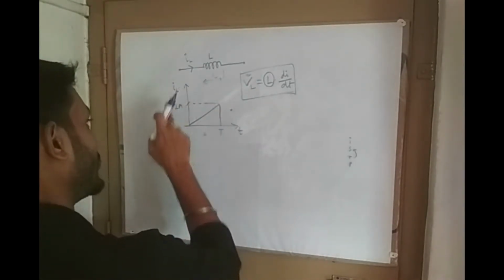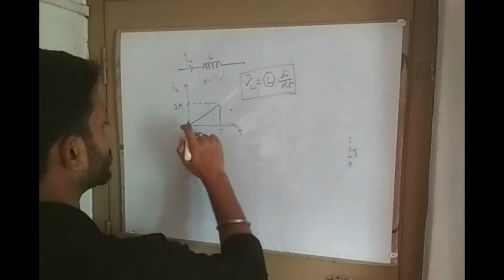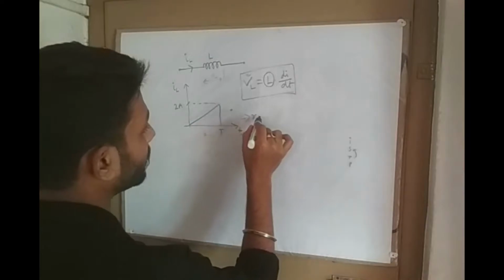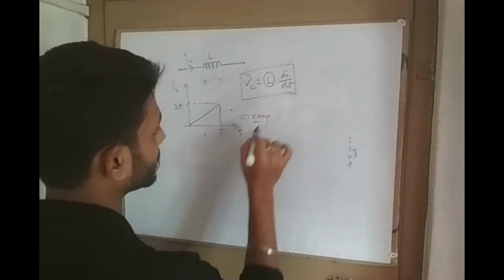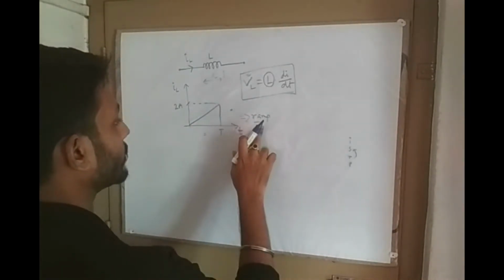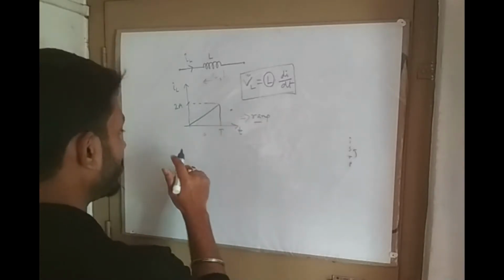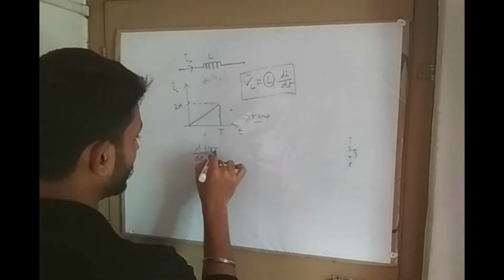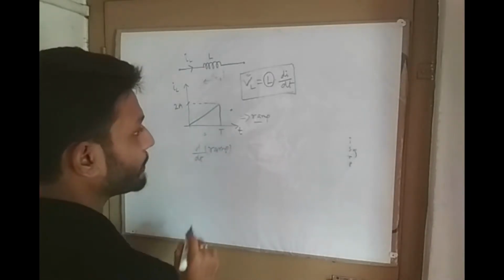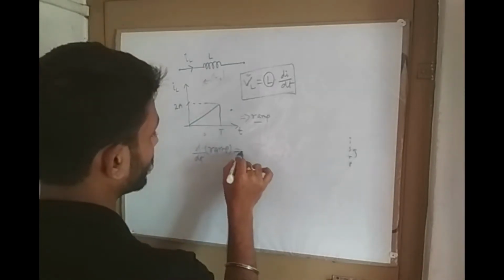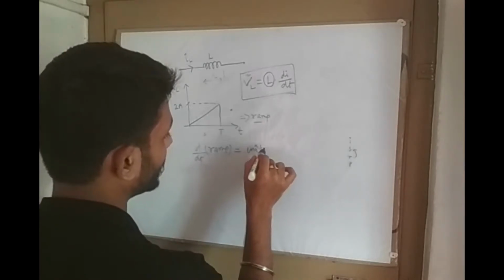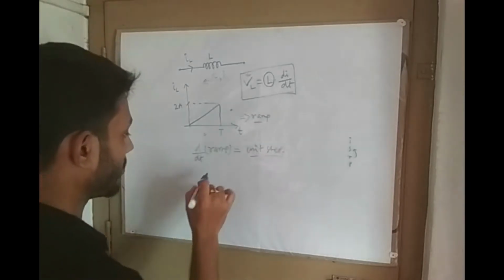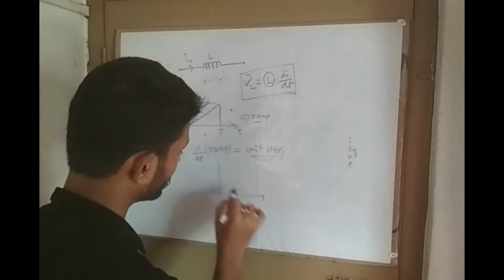The IL wave shape here is nothing but a ramp signal. This is the wave shape of ramp signal. And if we take the derivative of ramp signal, then we will get unit step signal. And the unit step signal is like this.